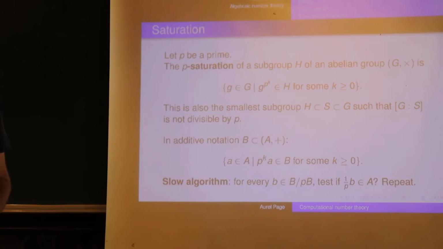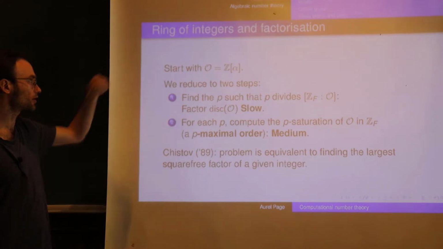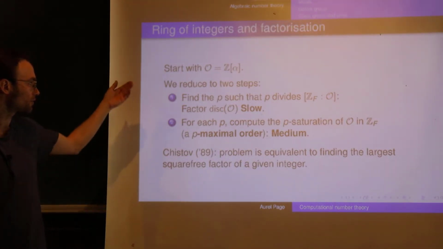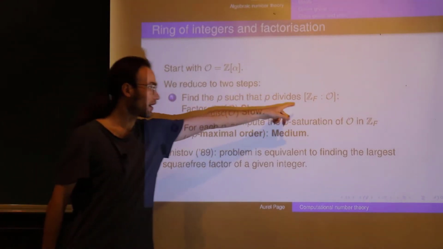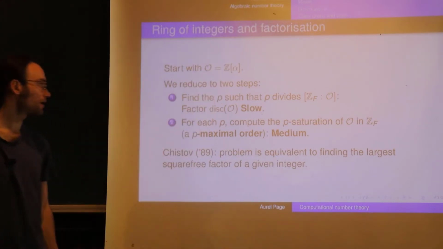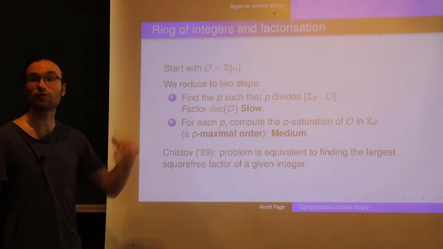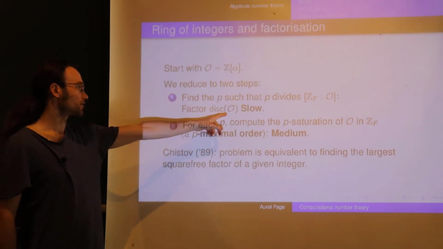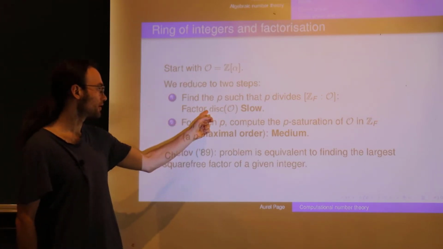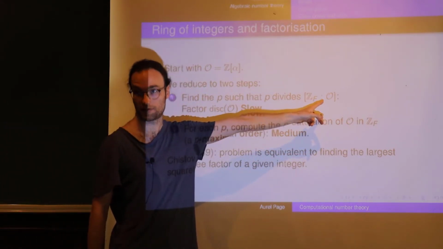So why is this important for our particular problem of computing the ring of integers? Well, okay, so we start with this order, and we are reduced to two steps. We want to find the p's that divide this index, the part that is missing. And, well, here is one overset of that, which is the set of prime factors of the discriminant, because, well, remember, this discriminant is just the discriminant of the ring of integers times the square of this.